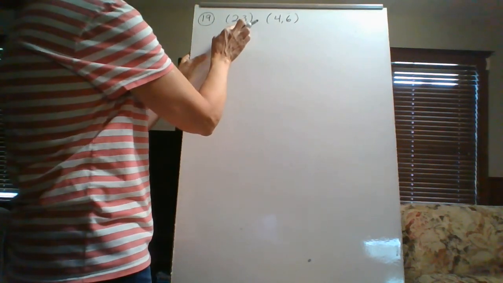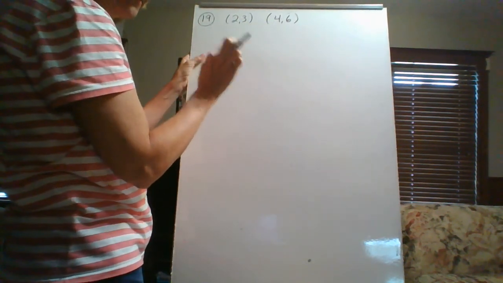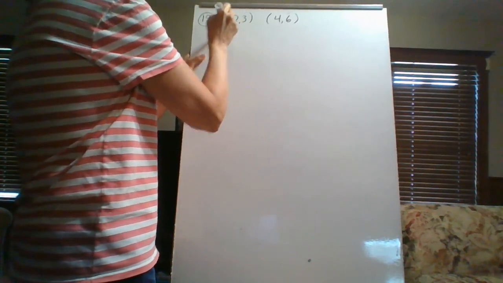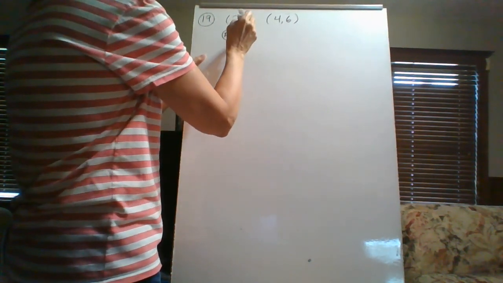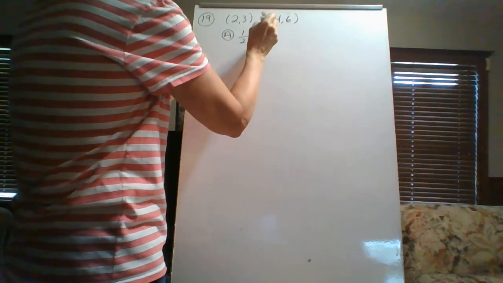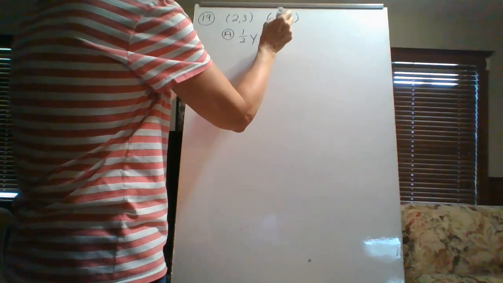What that means is both of these points have to make the equation true. Because you're going to see stuff like this, where you're going to be figuring out a point on a line or something. And so I need you to understand this idea.